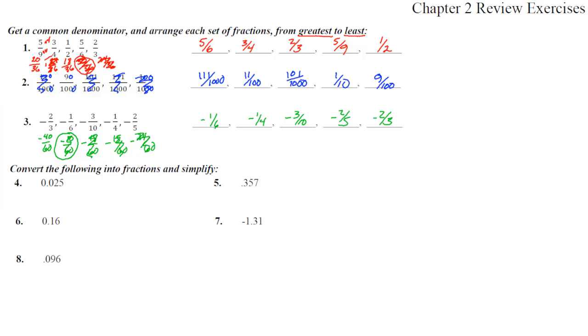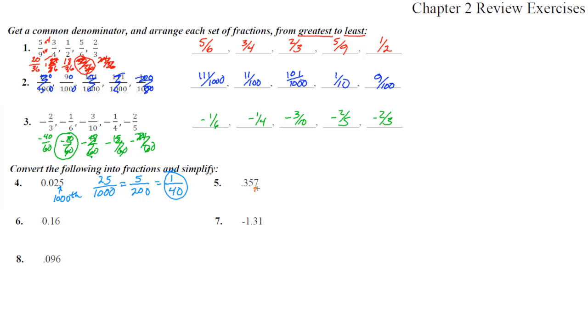All right, in that next section, number 4, 0.025. So this guy, notice it's in the thousandths place. So this is 25 in the thousandths place. So we could divide top and bottom by 5. Oh yeah, simplify it. That's 200. And now if we divide by 5 again, we get 1 out of 40. Excellent. Okay, number 5, 0.357.